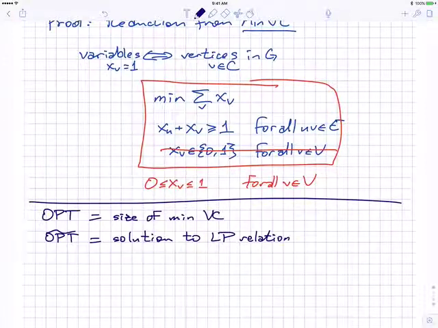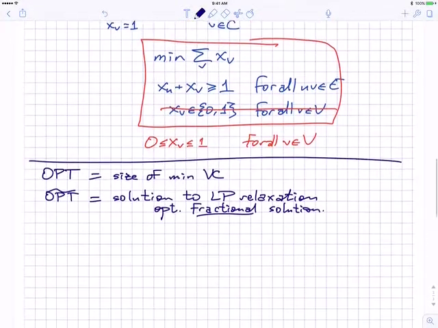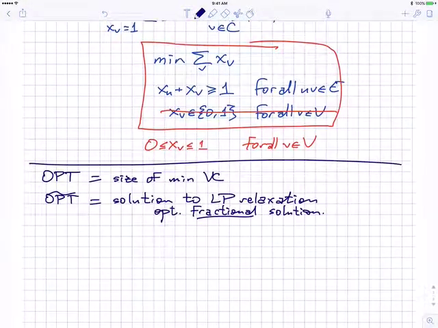This is sometimes called the optimal fractional solution because it's not necessarily an integer. Now the first thing to notice is opt is greater than or equal to opt twiddle.